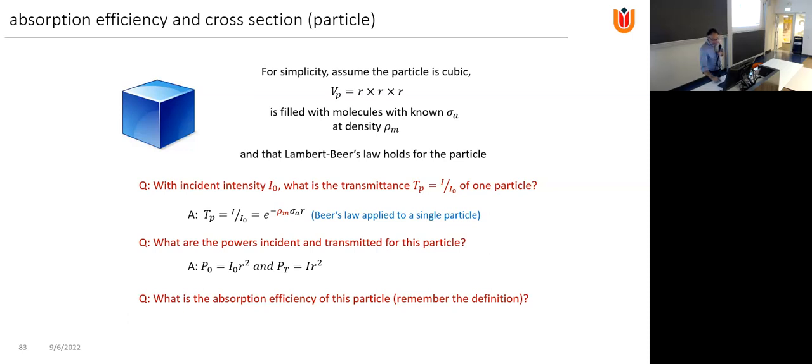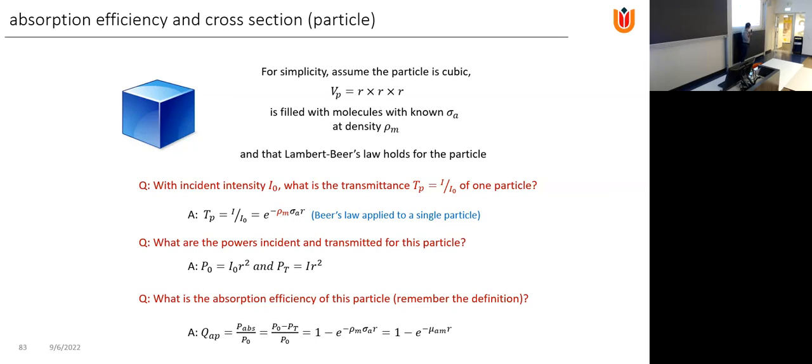But that's no problem, because we have conservation of energy: the absorbed power is equal to the incident power minus the transmitted power. So Q, the efficiency of the particle, would be the absorbed power divided by the incident power, which is equal to P0 minus the transmitted power, divided by the incident power. So this part cancels out to 1, and for that part we can use Beer's law.